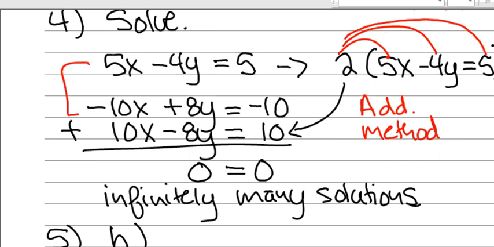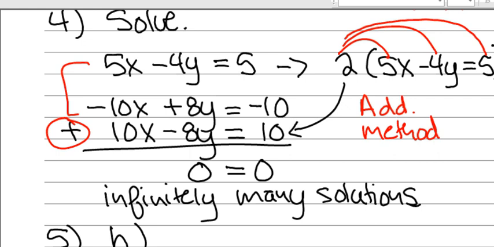And I'm going to distribute, and I'm going to get 10x minus 8y equals 10. And I'm going to put it under my second equation here, and I'm going to add down. When I do that, everything cancels out, and I get 0 equals 0.